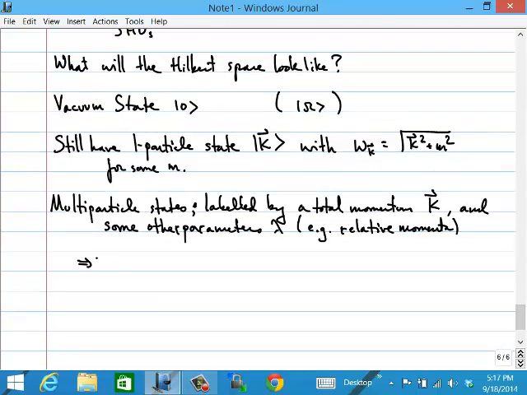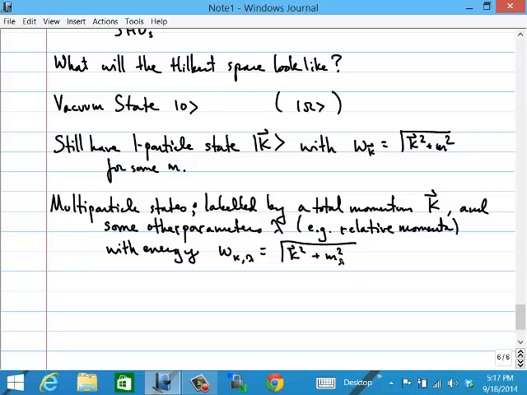And these states will have an energy again determined by special relativity. That should be the square root of k squared plus m_lambda squared, for some value of m that depends on lambda.